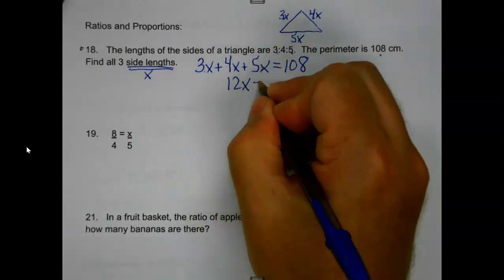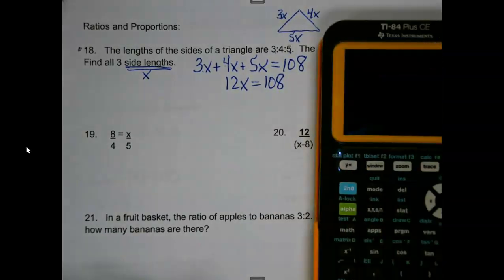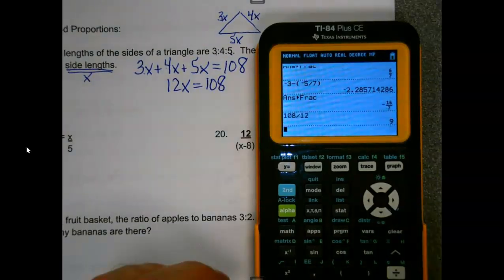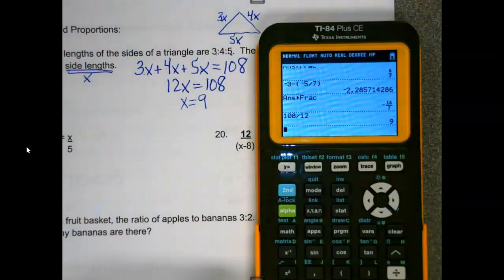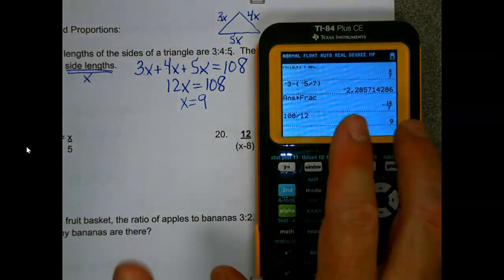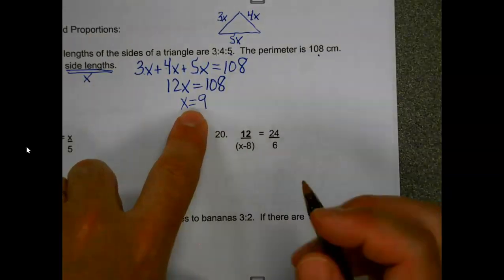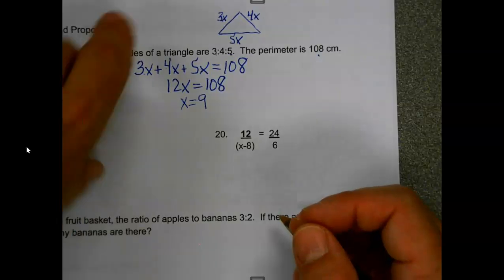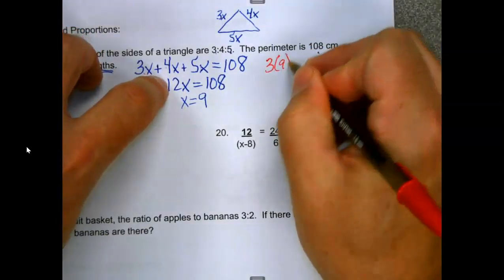So, let's see. Okay, but as we have said just a couple of times so far, most of the time we are very content once we get to x that we're done, but we need to find all our side lengths. So for each of these, I'm going to replace the x with 9.